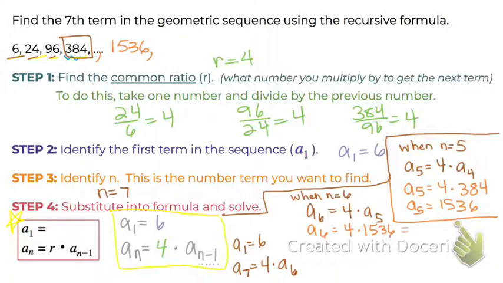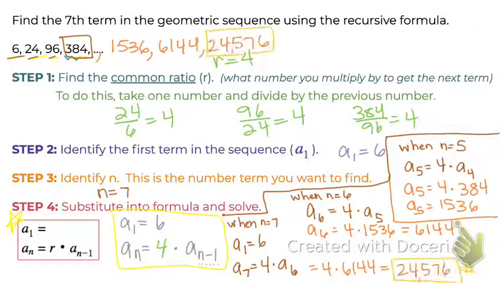So if we multiply those together, what do we get? And now that we know the sixth term, we can find the seventh term, because the seventh term is 4 times the sixth term. So let's multiply those together and see what we get. So that's the second way you can use these formulas. You get the same answer. The seventh term is 24,576.